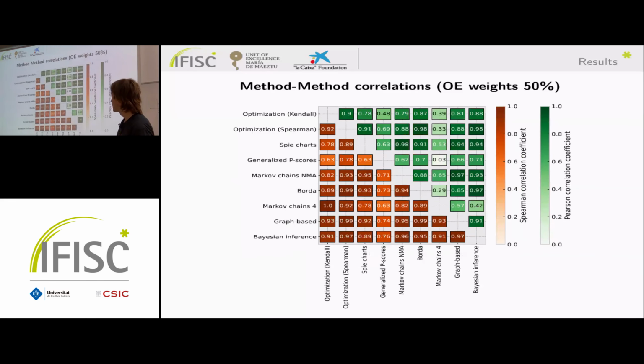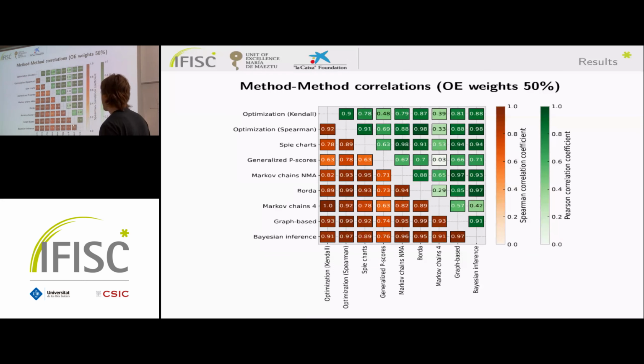And now we put weight. So now we go to the scenario where the overall effect has most of the weight. This is actually the scenario that the pie chart you saw at the beginning comes from. So 50% of the weight is given to the overall effect, and the others have equal weights distributed uniformly.